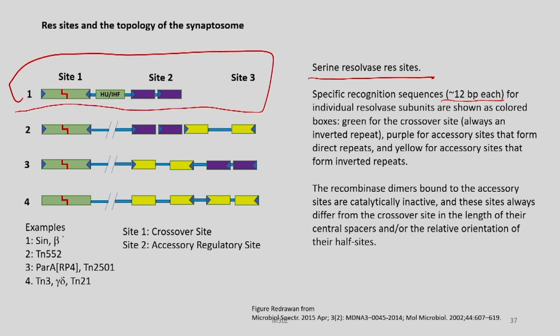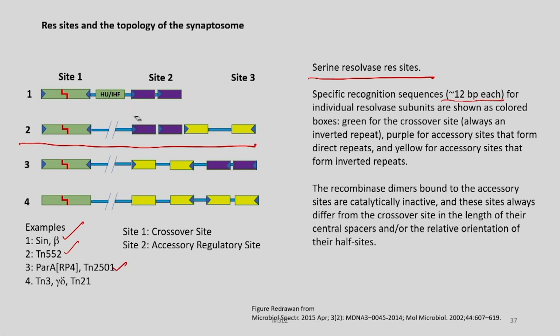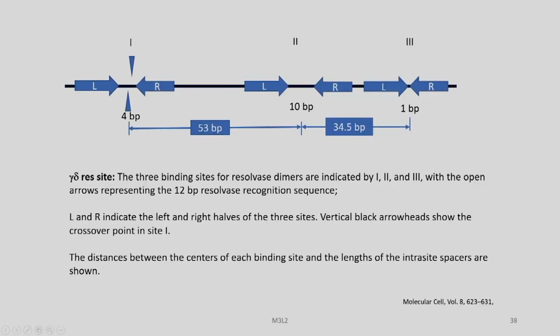You have Sin and Beta. For the second type you have Tn552, then for the third type you have ParA and then Tn2501, and the fourth type you have Tn3, gamma delta and Tn21.